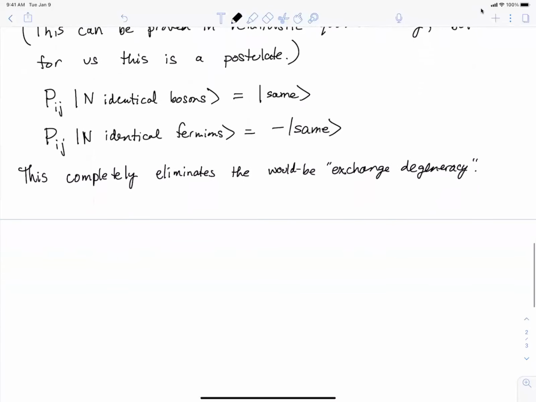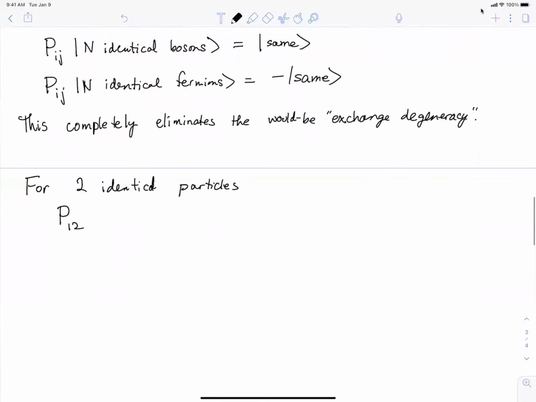So in particular, for two identical particles, we're going to be treating the helium atom, for which this is an example, where they're fermions, but P12 in that case is the only pair exchange operator there is, and acting on alpha 1, alpha 2, that gives alpha 2, alpha 1.